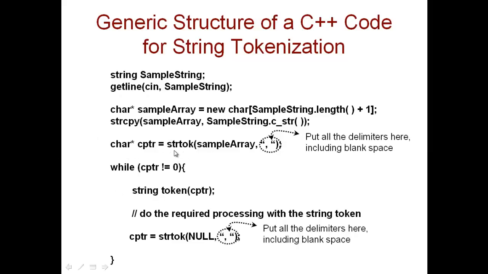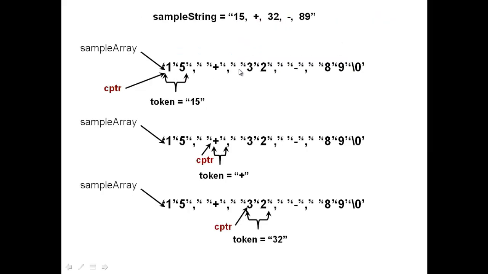Now you are setting up your string tokenizer. This is how you set up your string tokenizer. There's a built-in function called strtok in the cstring header file, and to that you pass the character array that you want to process for tokenization, which we call sample array, and then the set of delimiters. So what are the delimiters that are part of your expression?